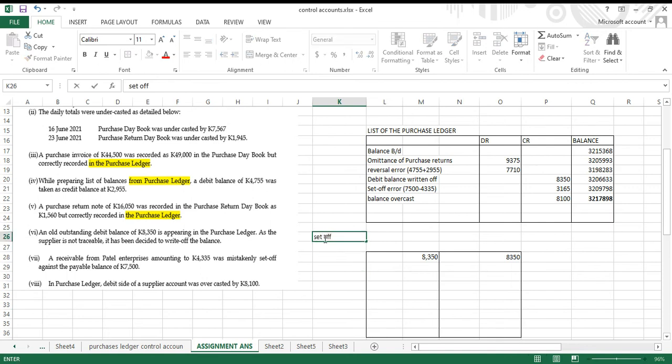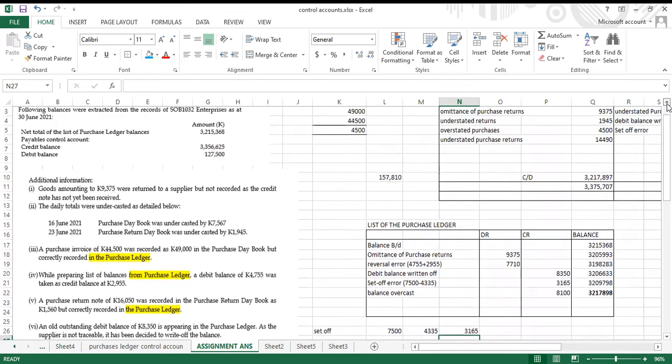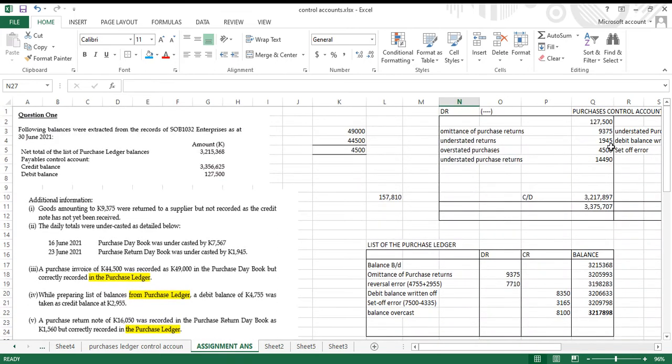We're going to say 7,500 minus 4,335. We get 3,165.